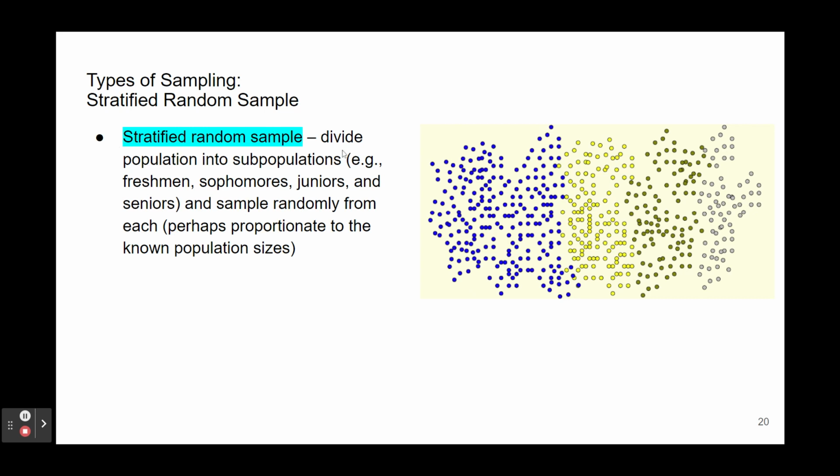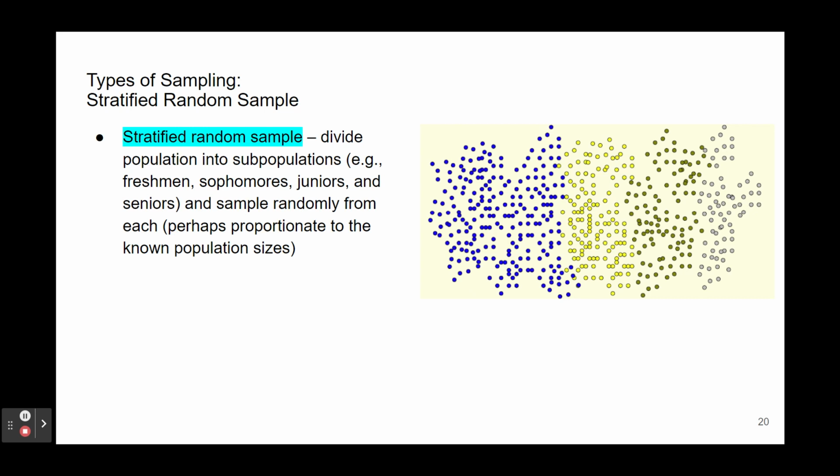First, we divide the entire population into subpopulations, and then randomly sample out of each subgroup. Each state department has a list of students, and we randomly select 50% from each. That is a stratified random sample.